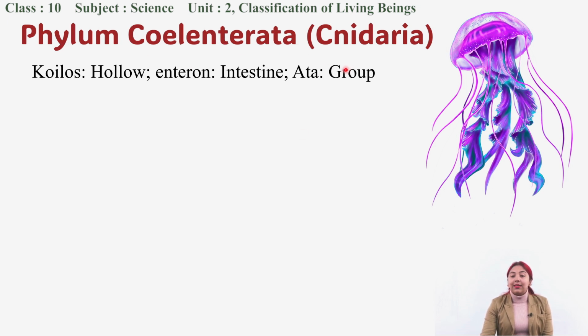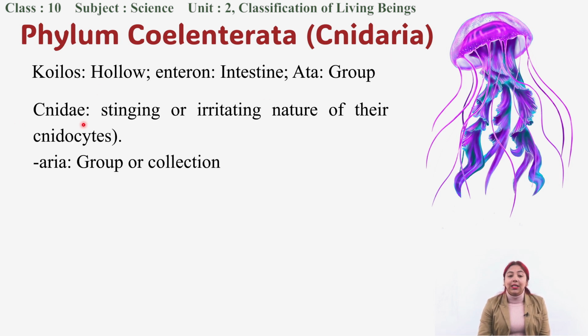It also has another name, Cnidaria. This Cnidaria comes from the word cnide, which means stinging or irritating nature of these cells. They have these stinging cells, which I'll show you in further slides. Due to the presence of cnidae in their body, they got the name Cnidaria. Aria means group or collection.